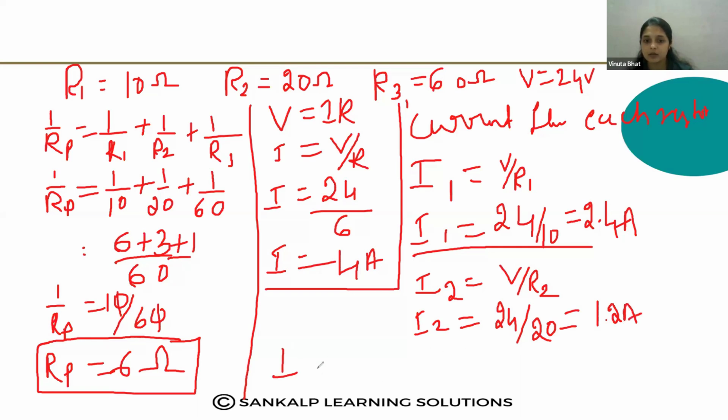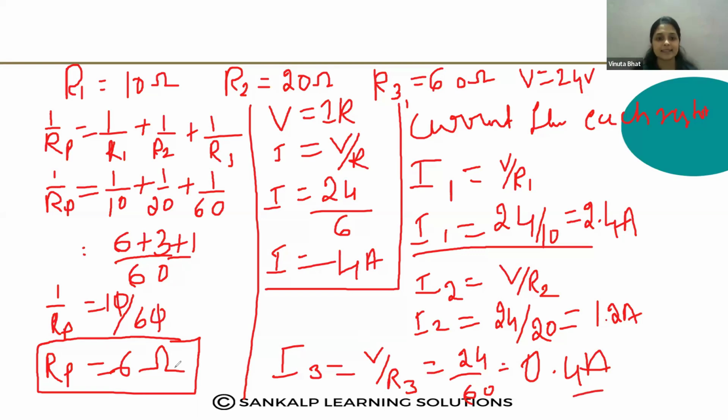Then I3 is equal to V by R3, that is equal to 24 divided by 60. What is 24 divided by 60? Just a minute. 24 divided by 20 is equal to 1.2. So here I3 is 0.4 ampere. Okay.